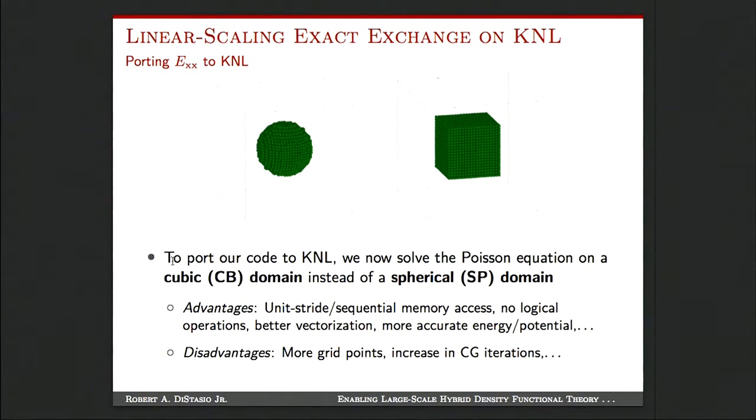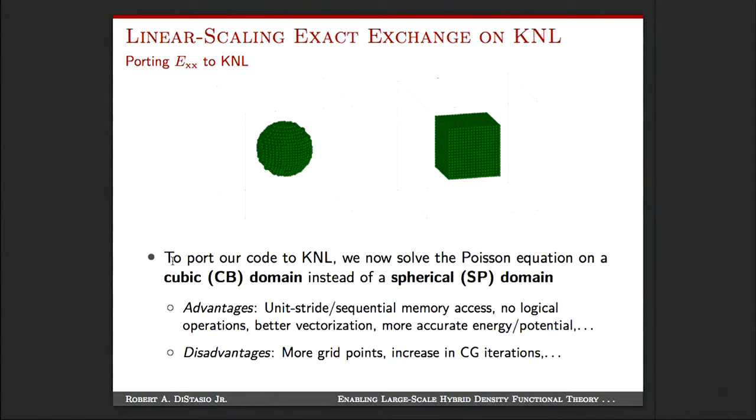Okay, so now KNL. What is the first thing we did? You might think, again, in some ways this is a crazy idea. In some ways it completely makes sense, right? So the first thing we do is we make the problem a lot harder. We say, forget this spherical domain, we move to a cubic domain.